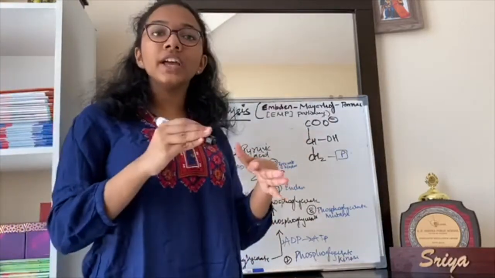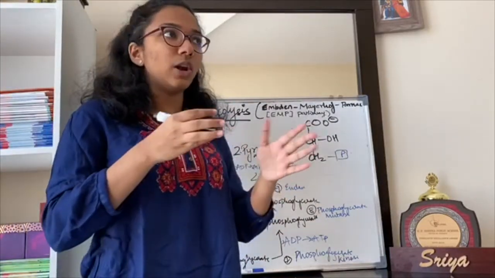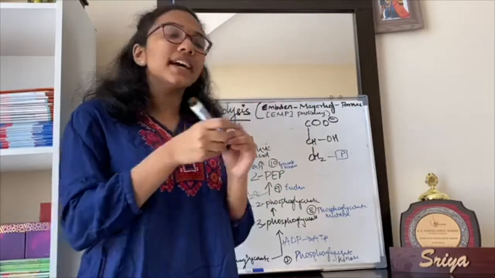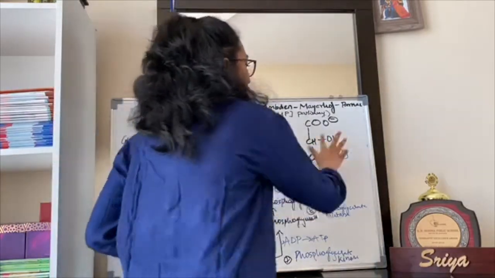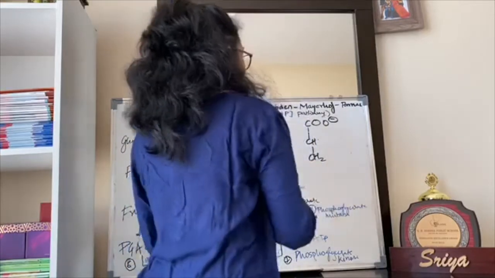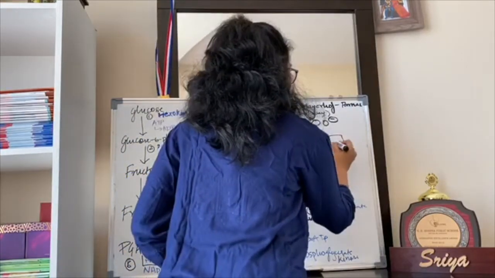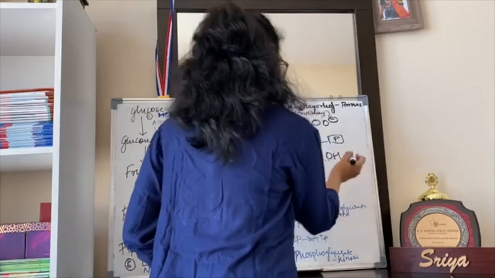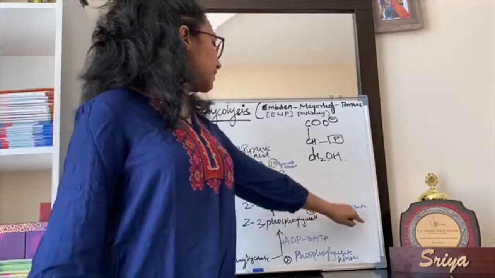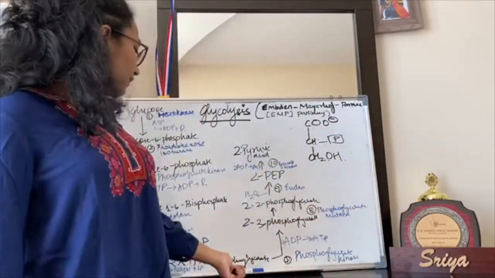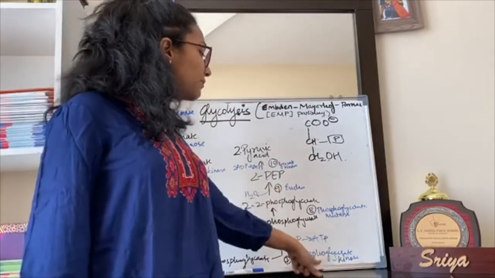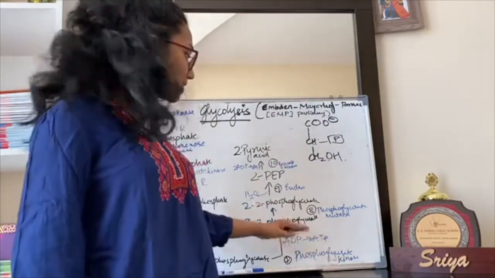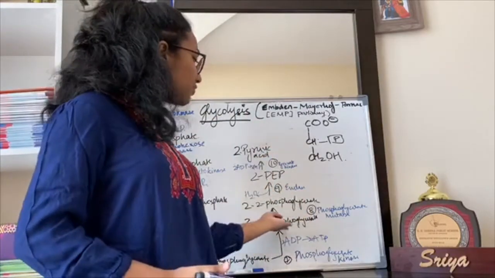Now there isn't any loss or gain of any group, just that the phosphate group is migrating from the 3rd position to the 2nd position. This is done by an enzyme called phosphoglycerate mutase. Conversion of bisphosphoglyceric acid into 3-phosphoglycerate required phosphoglycerate kinase, because kinase is synthesizing, so it synthesized phosphoglycerate.